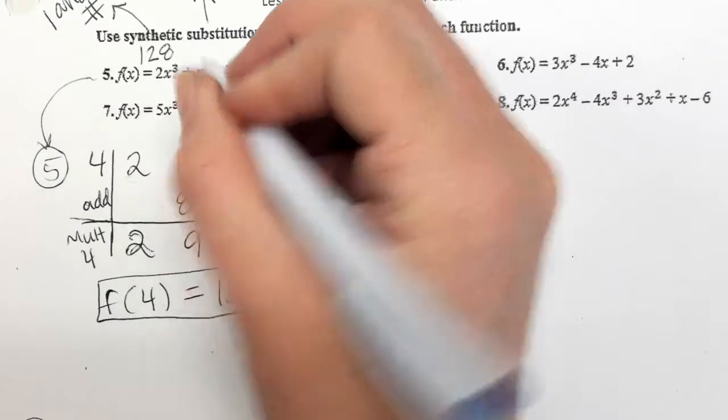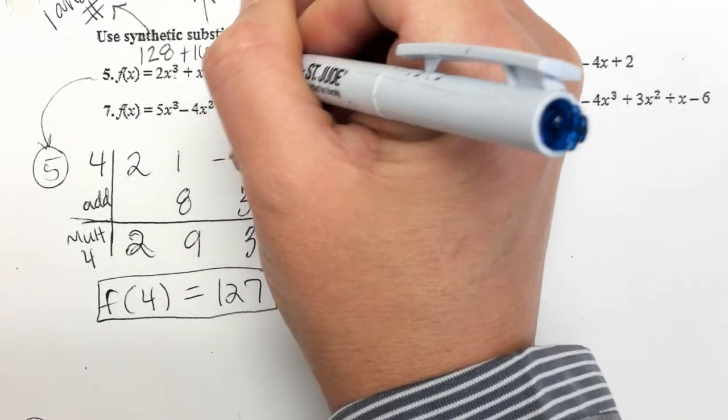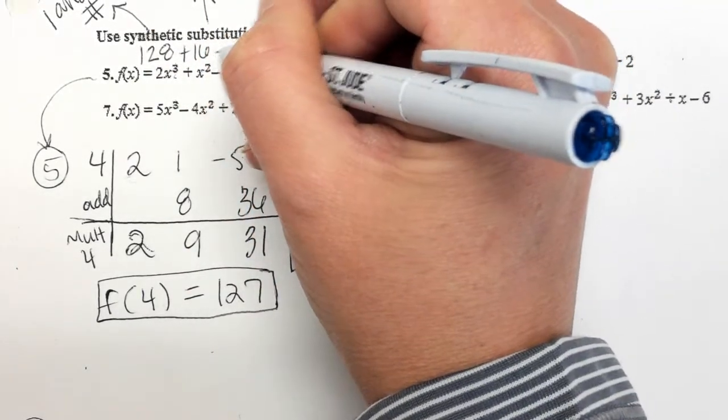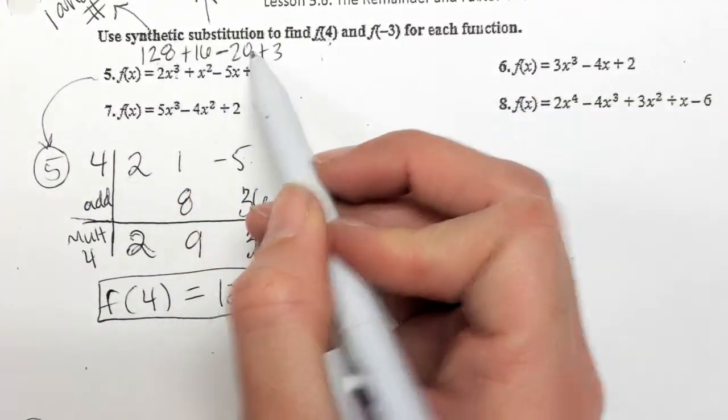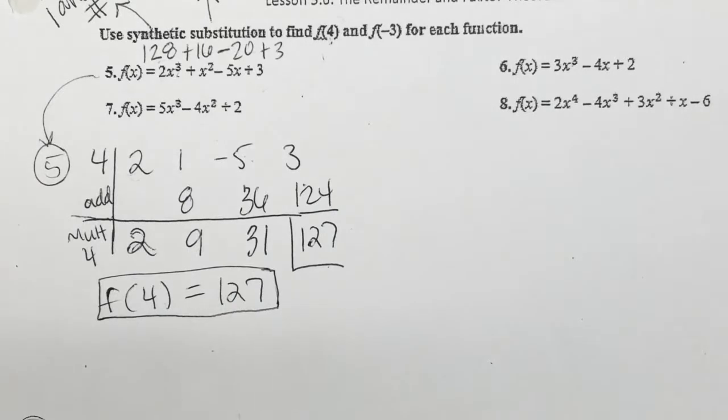What is 4 squared? What's 4 times negative 5? And then that plus 3. Go ahead and type this in your calculator: 128 plus 16 minus 20 plus 3. Tell me what you get. That's what it should be every time. So that's how you check it.